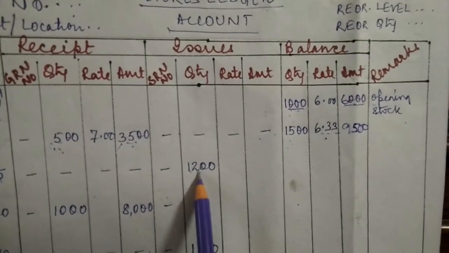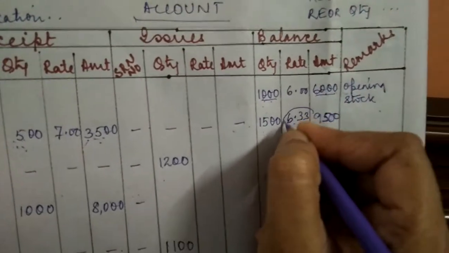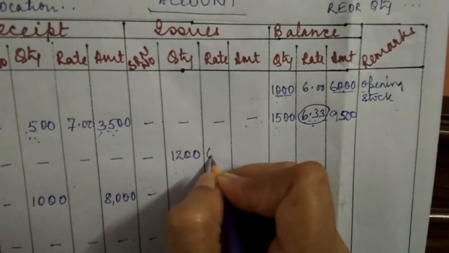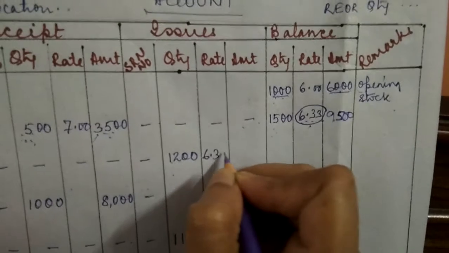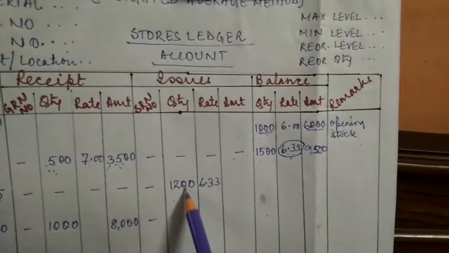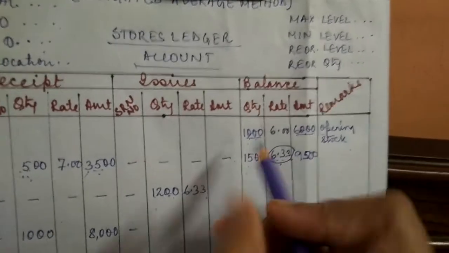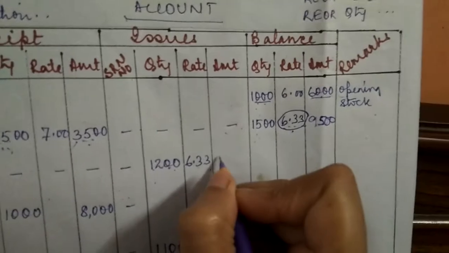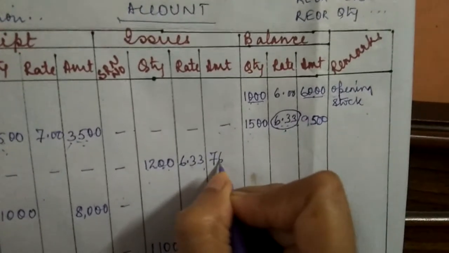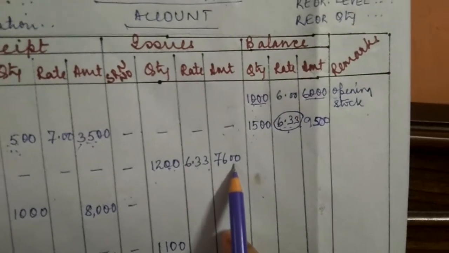Since we are issuing 1200 by which rate? By this rate, this one. So here we have to write 6.33, okay. Now we will multiply this 1200 by 6.33. So I think we will get 7600. Clear? So this 7600 we are having.